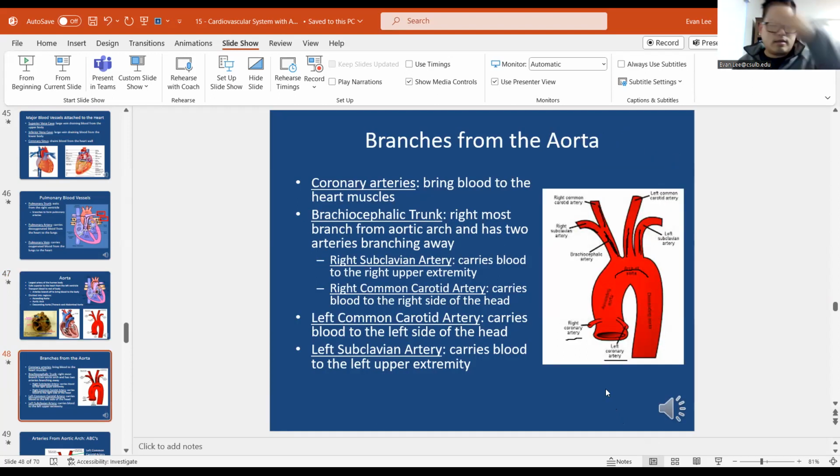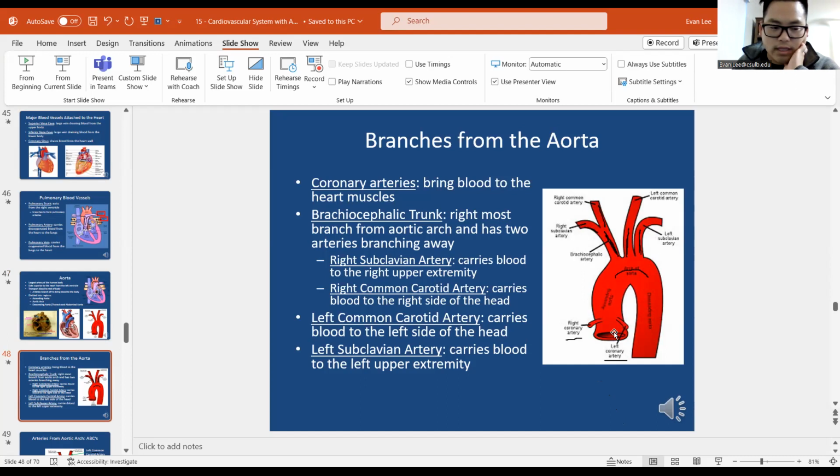Now, looking at the aortic arch, there are a few blood vessels that we do want to cover while we're here. If you look closely, right at the start of the aorta, you have two blood vessels branching off really early. These two are called coronary arteries.